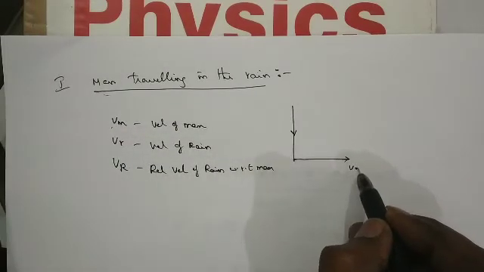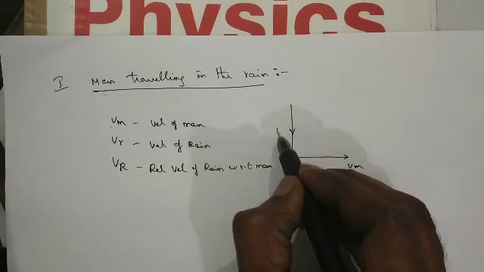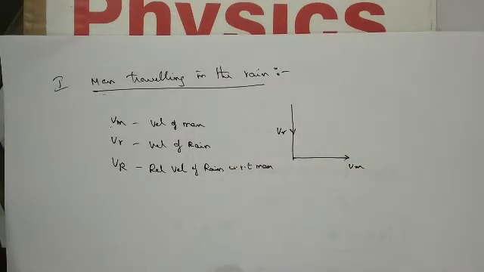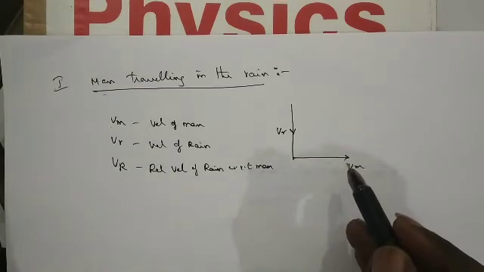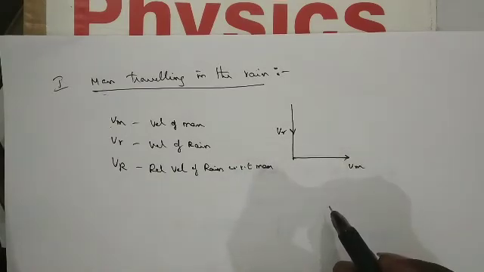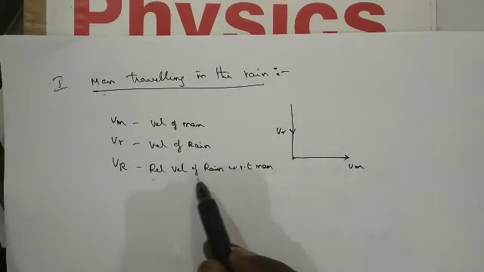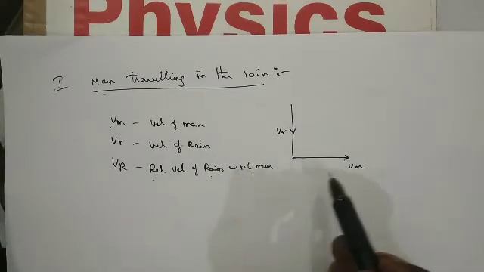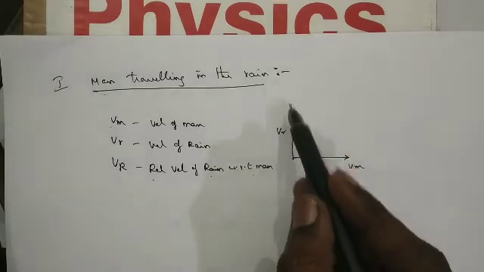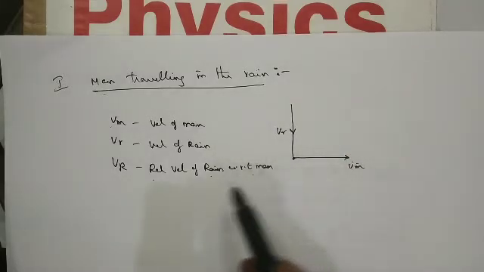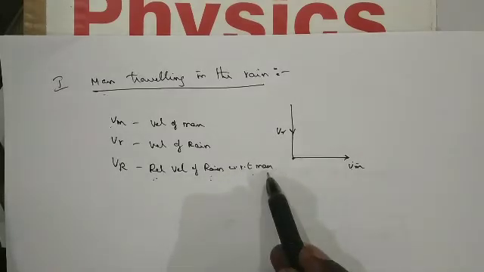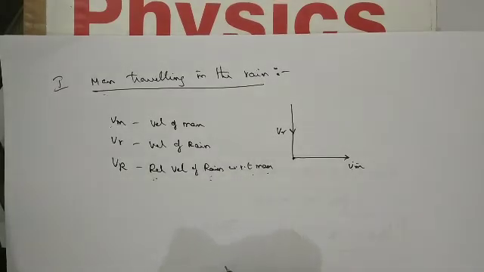He is going in this direction here, and Vr is the rain pouring down straight. But remember, since he is already going, in which direction will he be experiencing the rain? So that becomes a relative velocity of the rain with respect to the man, because he is going to experience the rain not just pouring down. He is not at rest. He is already moving. Since he is moving, he will have a relative velocity of rain with respect to the man. So we are going to see how it works.